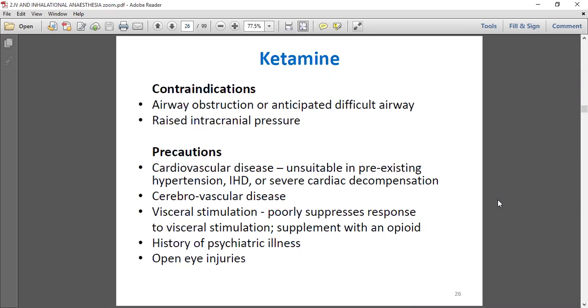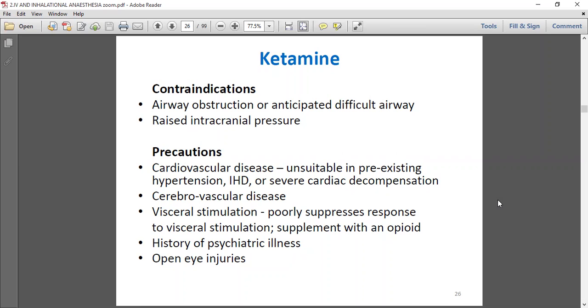Cerebrovascular disease. I think they mean the patient has experienced stroke, right? Or transient ischemia. Then visceral stimulation. It poorly suppresses response to the visceral stimulation. Supplement with an opioid. We know the visceral organs, the GI.